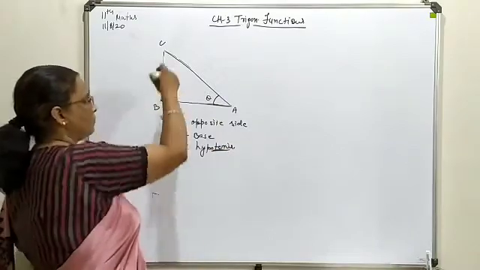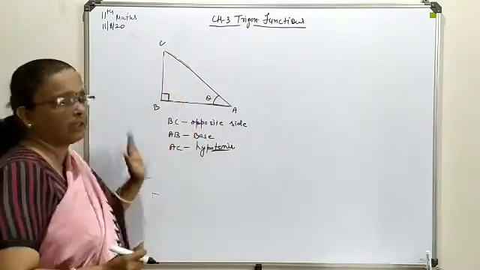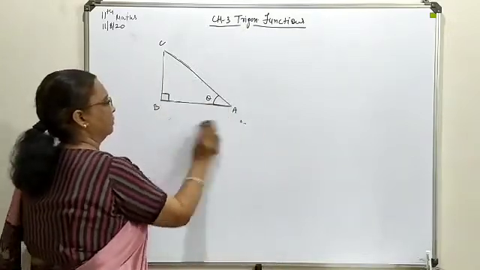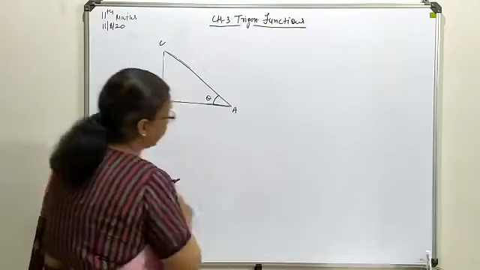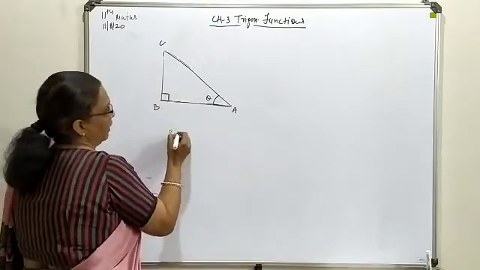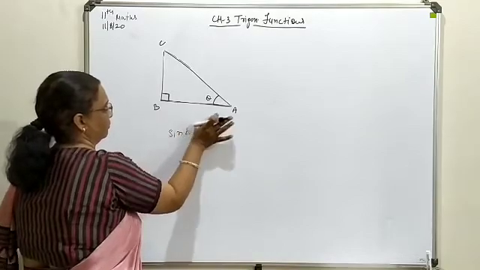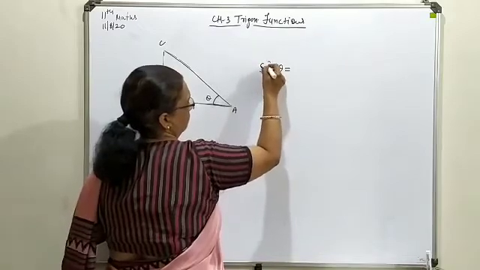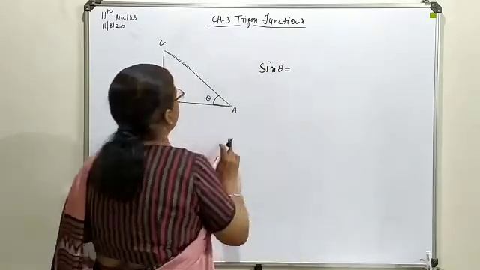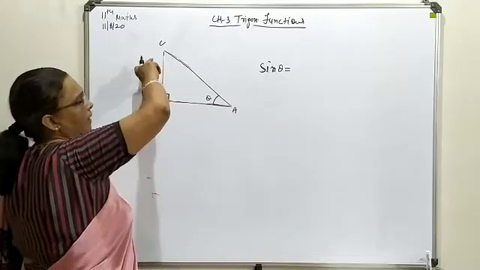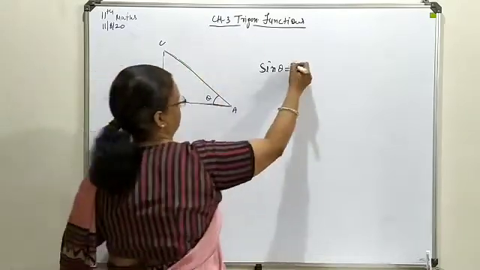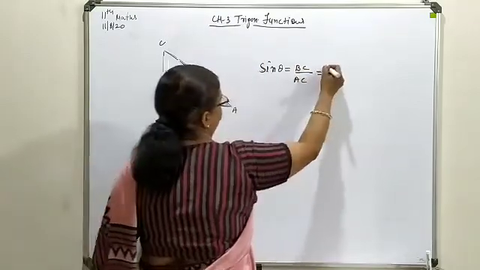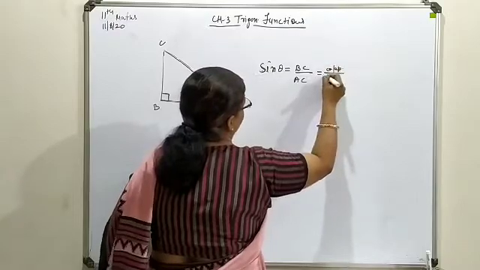Now, on basis of these three, we can define all 6 trigonometrical terms. So, how is it so? First of all, we try to define sine of theta. Sine theta means BC upon AC, means opposite side upon hypotenuse.